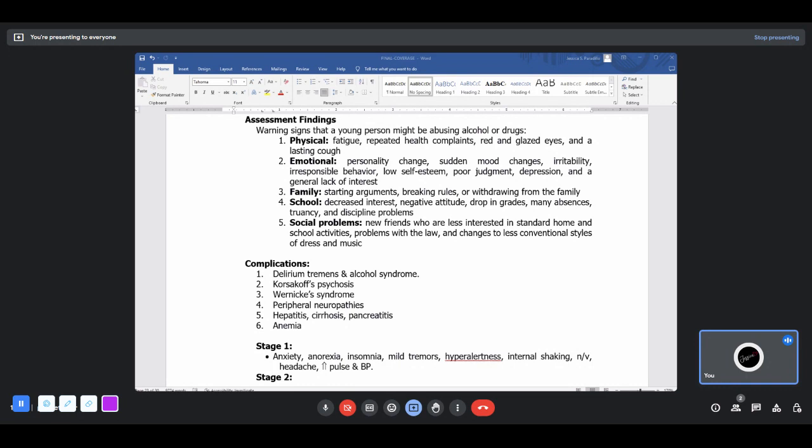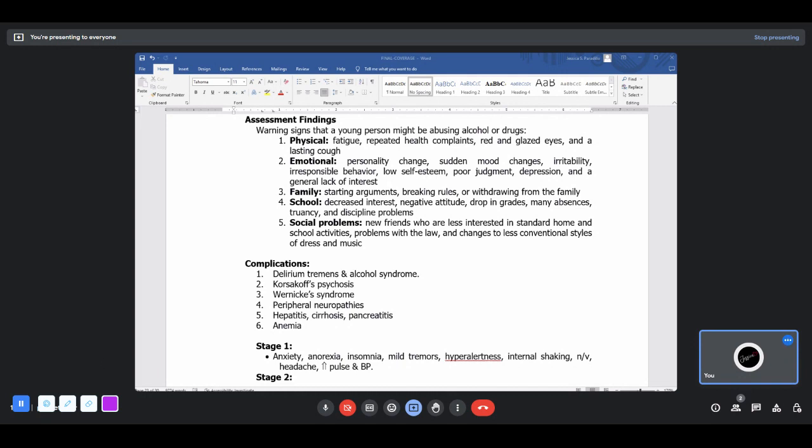Another assessment finding is social problems. New friends who are less interested in standard home and school activities, problems with the law, and changes to less conventional styles of dress and music. So these are the warning signs we will notice in young persons when there is abuse of drugs or alcohol.